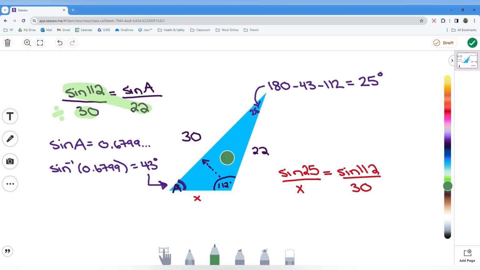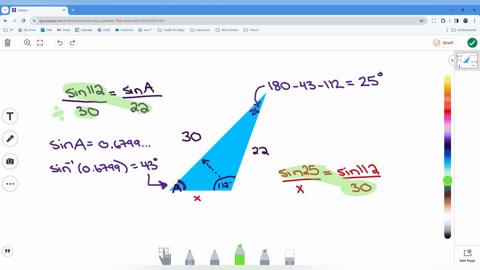Once again, we are going to look for the 2 values that I know diagonally. I can't multiply x times the sine of 112 because I don't know what x is. That's what we're trying to figure out. But I can multiply, oh, I did it again. Let's highlight, not cross it out. I'm going to multiply the sine of 25 times 30. Those are the two values that I know diagonally.